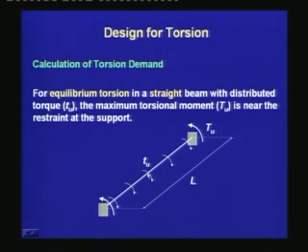In this beam, the maximum torque comes at the two ends near the restraints at the support, and that is denoted as capital Tu, which is the maximum torsional moment acting in the beam. L is the clear span of the beam.